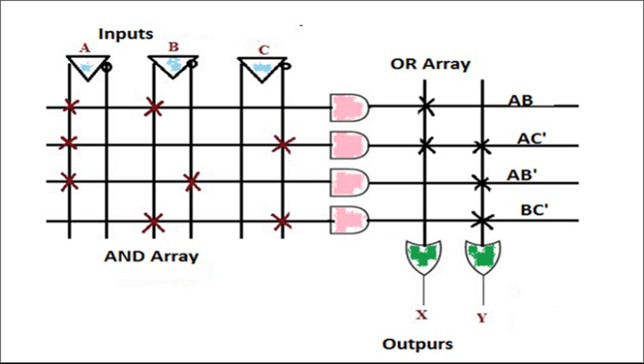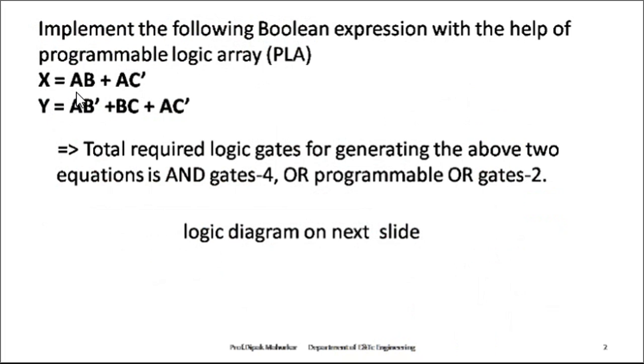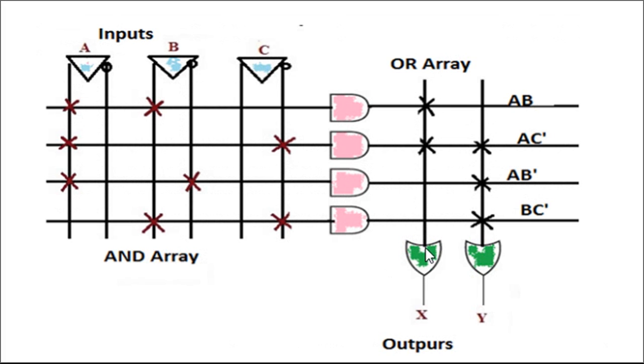Now for the x output, x equals a b plus a c dash. The lines are inputs to the OR gate, so you can draw a cross for a b, and second for a c dash. In the second y equation, a c dash, a b dash, and b c dash, so we can mark crosses like this. Then you can see x, y.